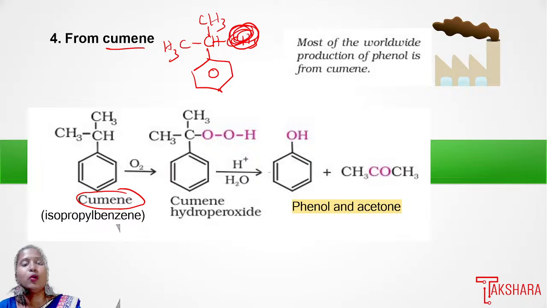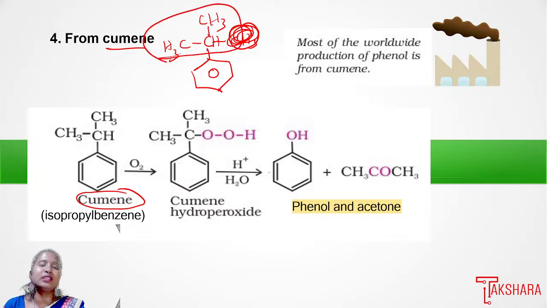So the benzene ring has CH3 CH3 attached, in the form like this. So the IUPAC name of this cumene is isopropyl benzene. Isopropyl benzene is the IUPAC name for this molecule, which we call cumene.